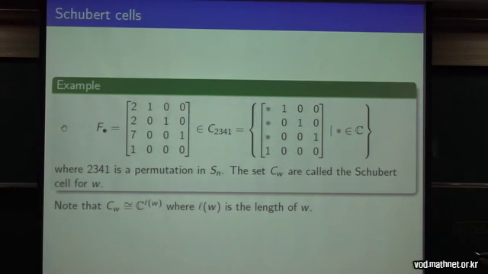In this case, this set is exactly the set of elements in the symmetric group, all permutations in S4. And you can similarly define a Schubert cell, and the dimension is in this case 3, which is also the same as the length of 2, 3, 4, 1, and it's generally true.